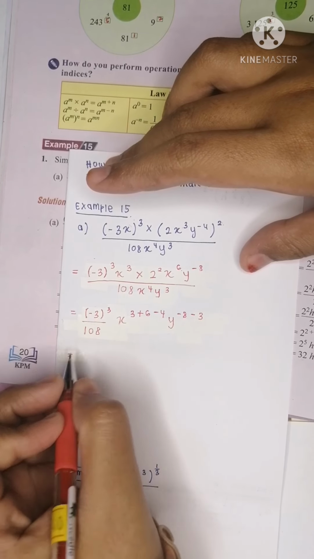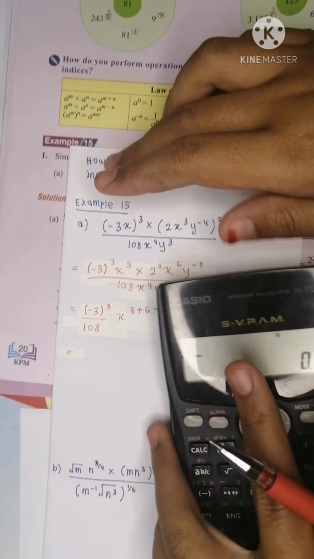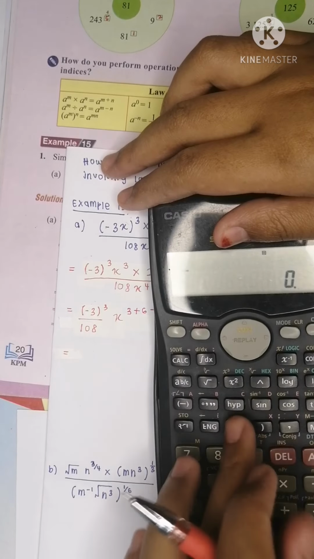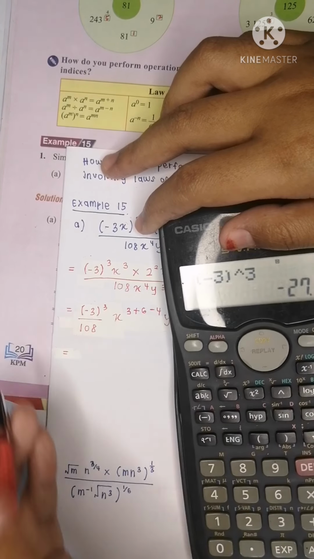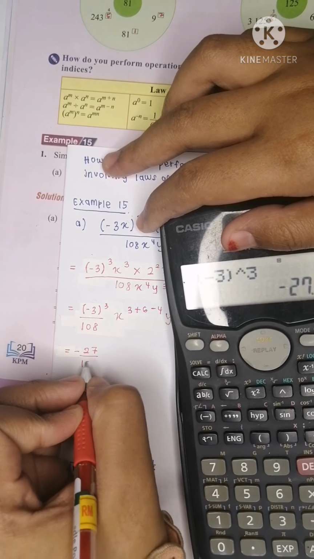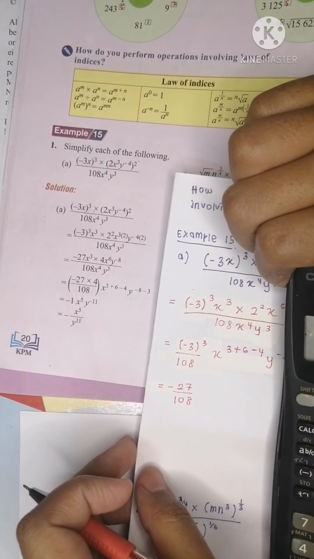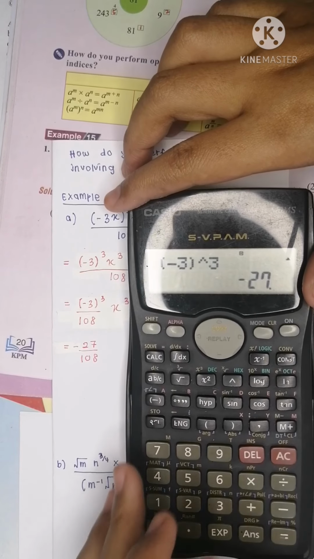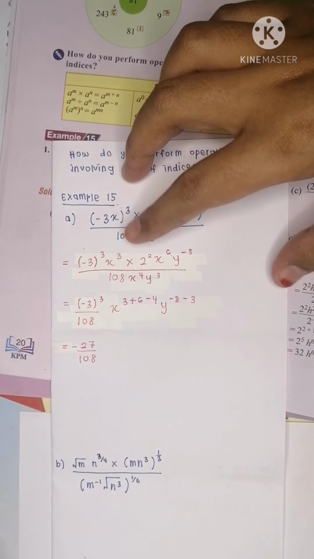Now next one, you need to solve this constant first. Look at your calculator. Negative 3 to the power of 3 will become negative 27. Negative 27 over 108. Okay, so we are done for this one.